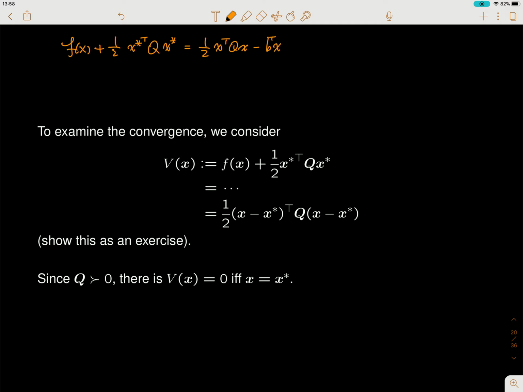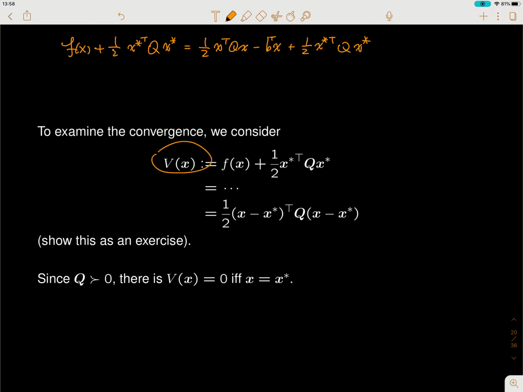So this is the f part, and then I still have this part, x star transpose Q x star. Okay, and now let's see that this is my V.